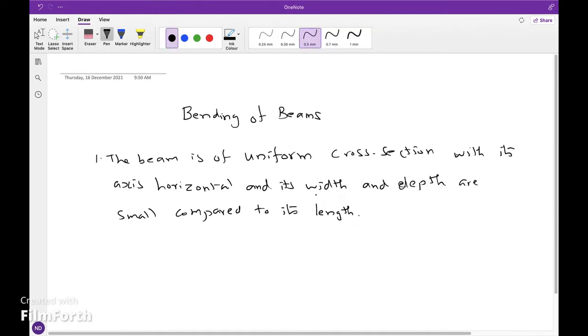The axis of the beam is a line through the center of gravity of the cross section.